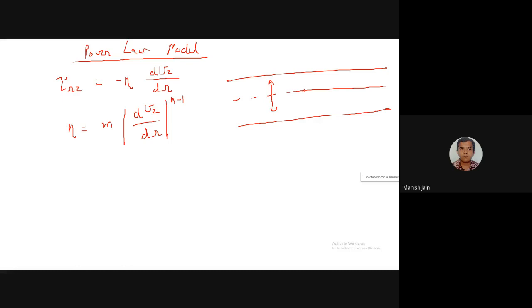So dvz by dr is negative, because when r is increasing, vz is decreasing.